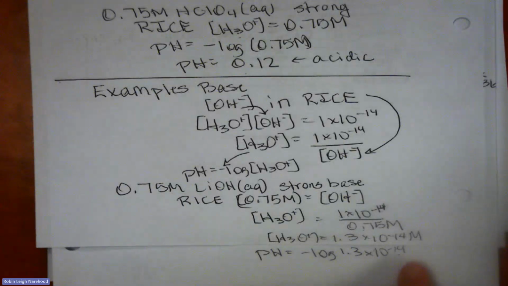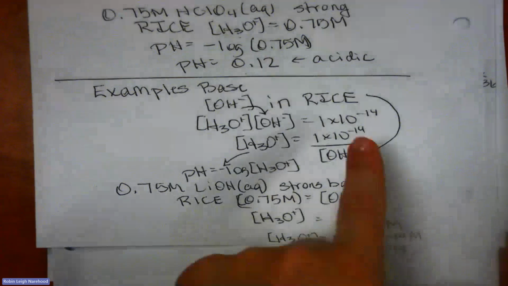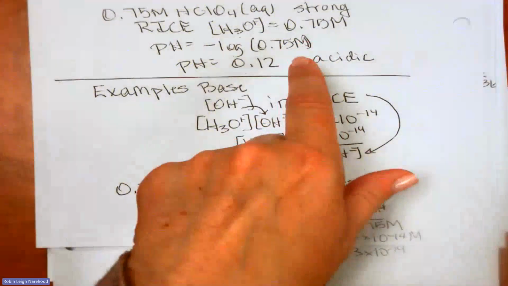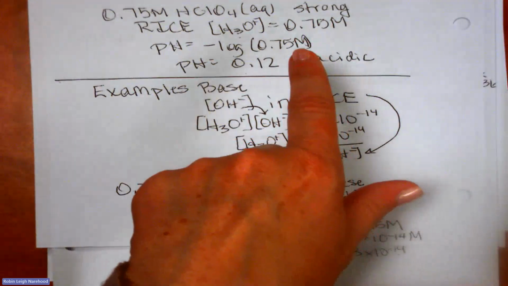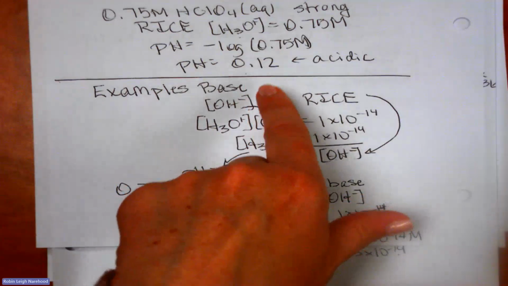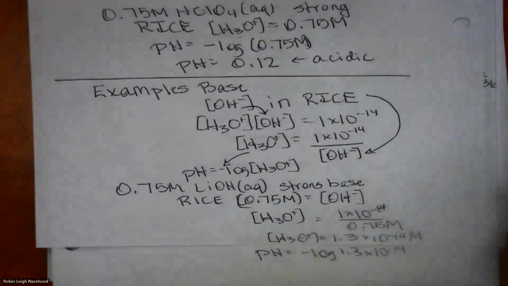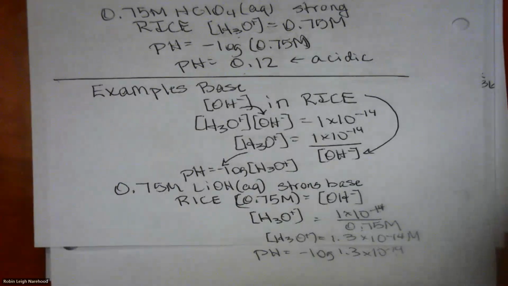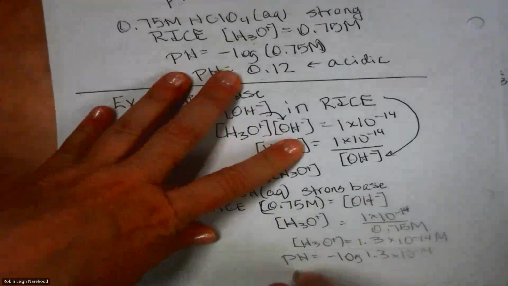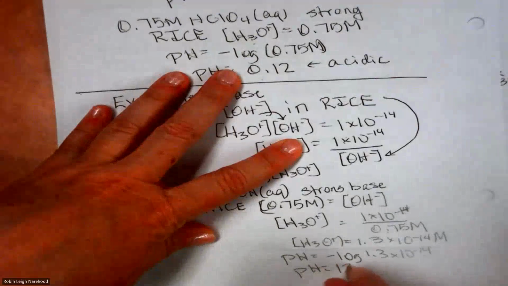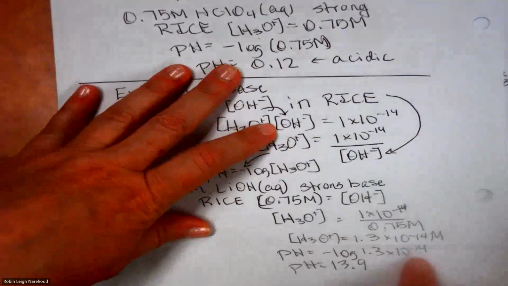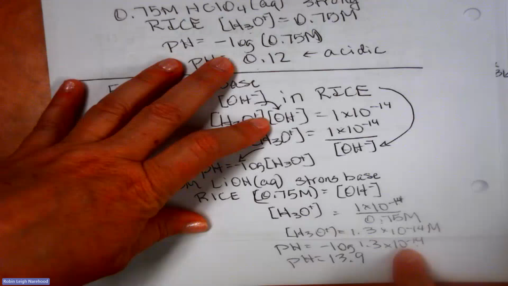And so your pH is going to be near 14 up here. That is 7.5 times 10 to the negative 1. So that's 0.1. Okay. 1.3 exponent negative 14, log, 13.9. 13.9 is near the exponent.